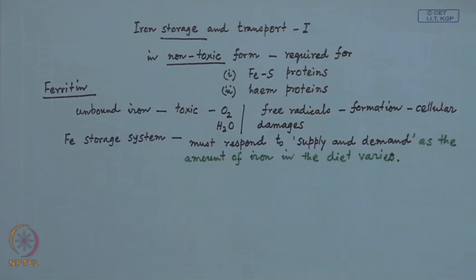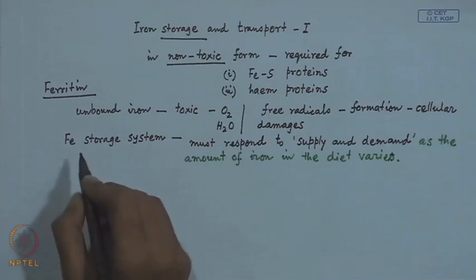So, these ferritin molecules are important to give us this supply and demand as and when iron sulfur protein molecules are synthesized in the system.